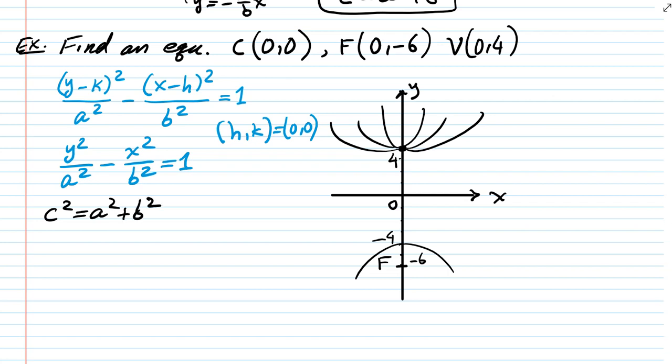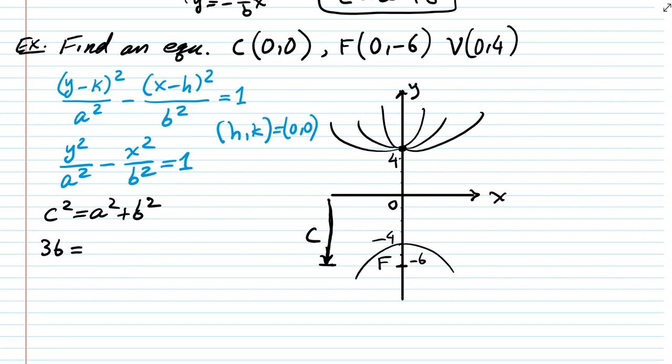And what is c? Distance from center to focus. Center to focus, that distance is c, right? c squared is going to be 36. That's negative 6 squared. Equal a squared.